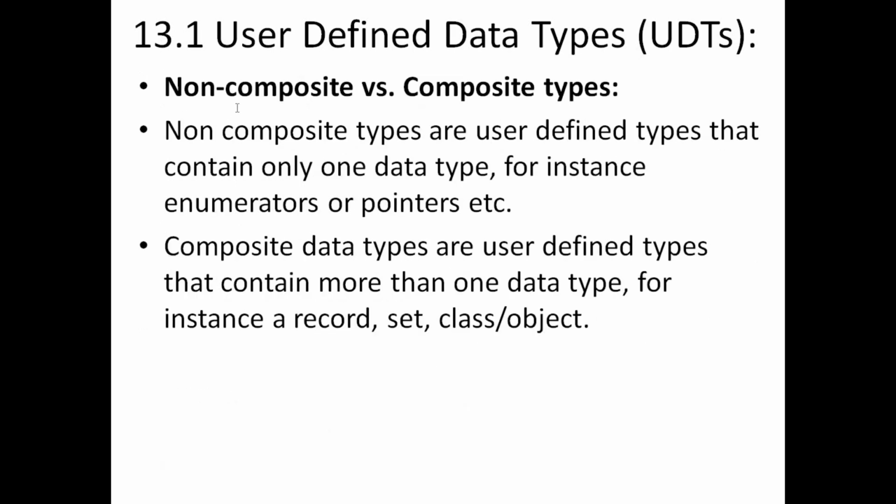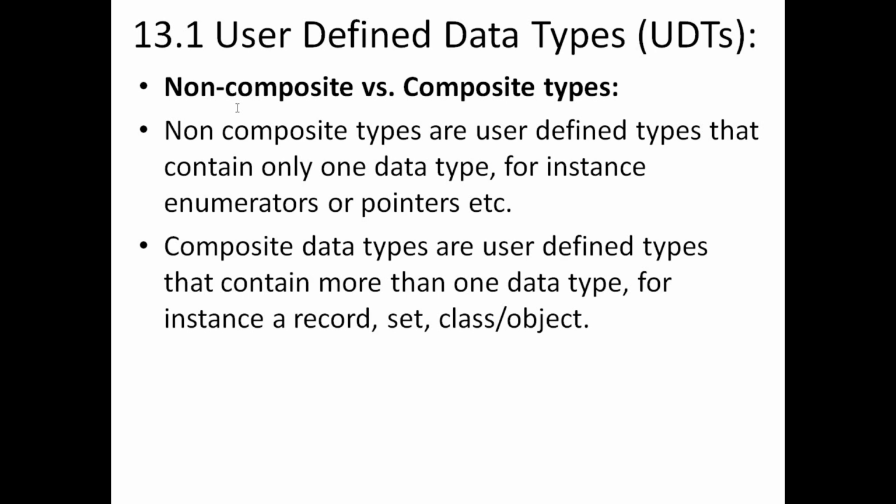Now, there are two types of user-defined data types. One are known as composite data types. The other ones are known as non-composite data types. Composite data types are those that consist of more than one data type. For example, records, as we have studied in chapter number 10, can consist of different values of different data types under a single name.